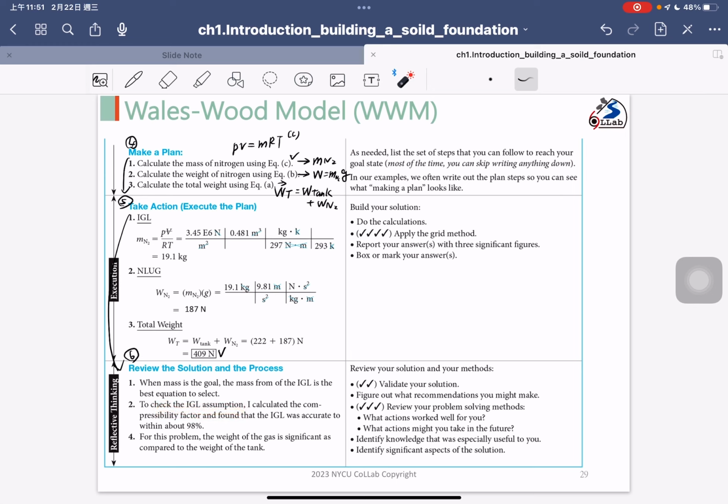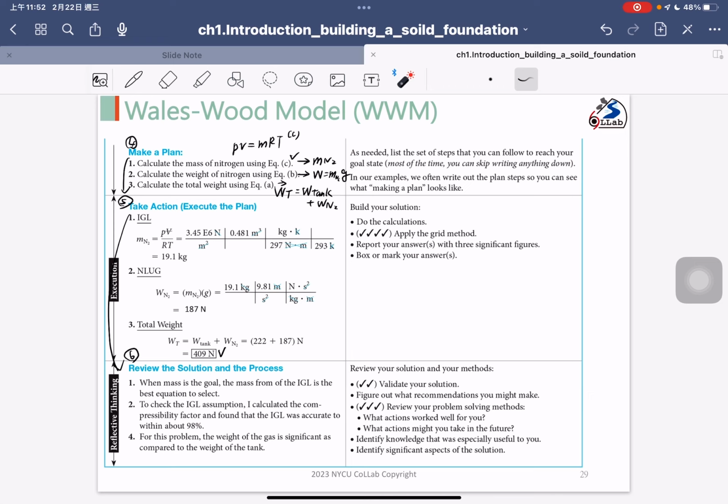So what are the ideal gas law assumptions? The ideal gas law assumes there is no force between two molecules. But if there are some forces between two molecules, how different would it be compared to your answer?